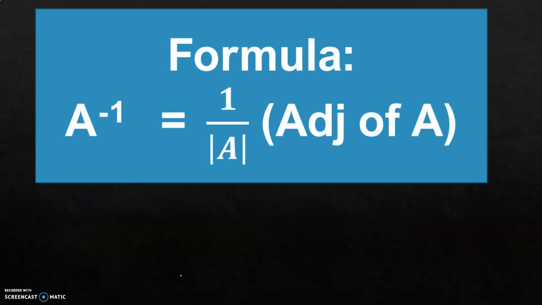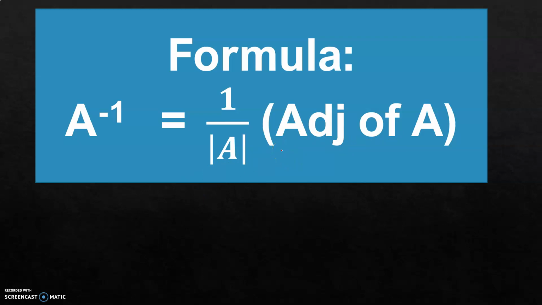So this is the formula to find A inverse. A inverse is equal to 1 by determinant of A into adjoint of A. All these things are familiar to us because determinant of A we already discussed in the first classes, and adjoint of A also.